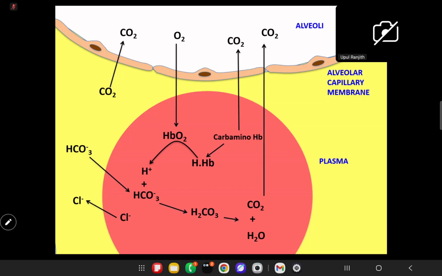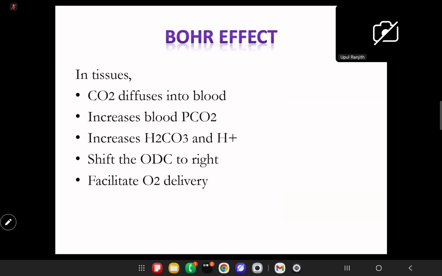But in the alveoli, when the opposite reaction takes place, chloride ions will shift out of the red blood cell. With that, the water also diffuses out of the red blood cell. Therefore, the red blood cell will shrink slightly inside the alveolar capillaries, right?